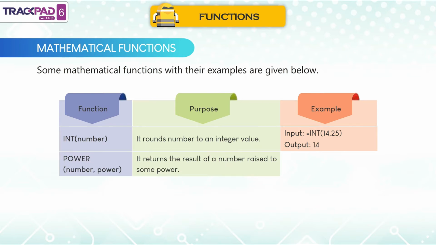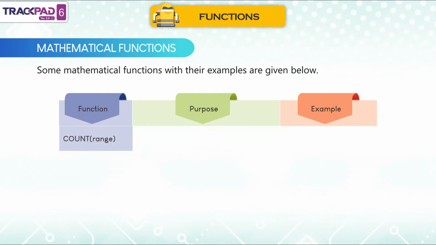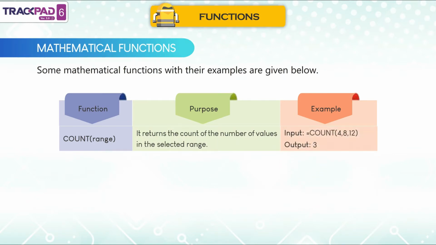It returns the result of a number raised to some power. Input: =POWER(5,3). Output: 125. COUNT(range). It returns the count of the number of values in the selected range. Input: =COUNT(4,8,12).